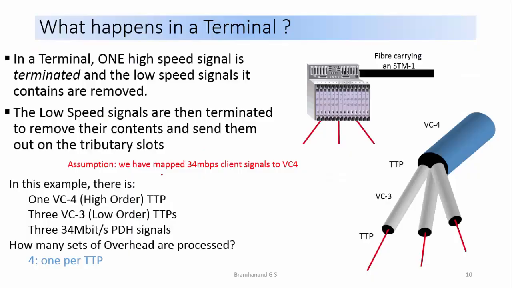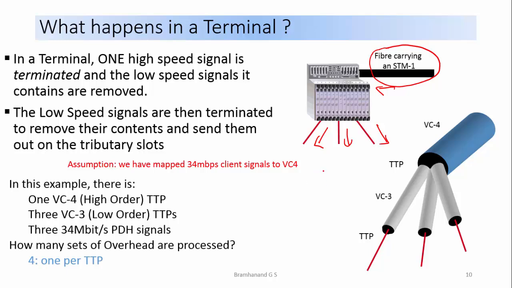Let's understand what happens in a terminal multiplexer. We know that we have one high-speed signal which gets terminated at my line terminal multiplexer, and low-speed signals are removed.